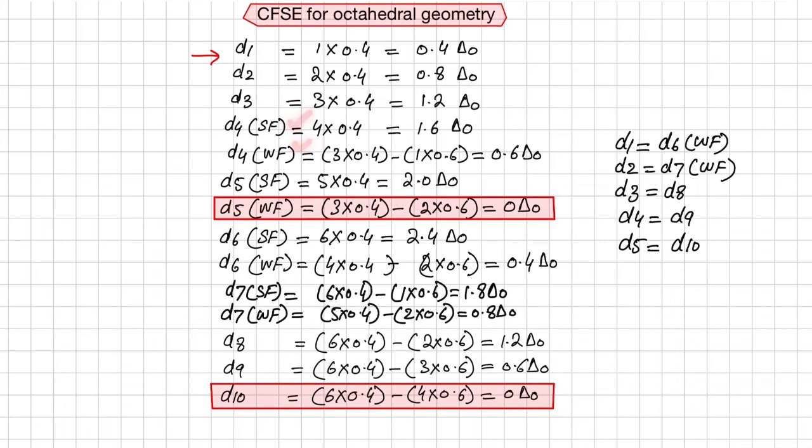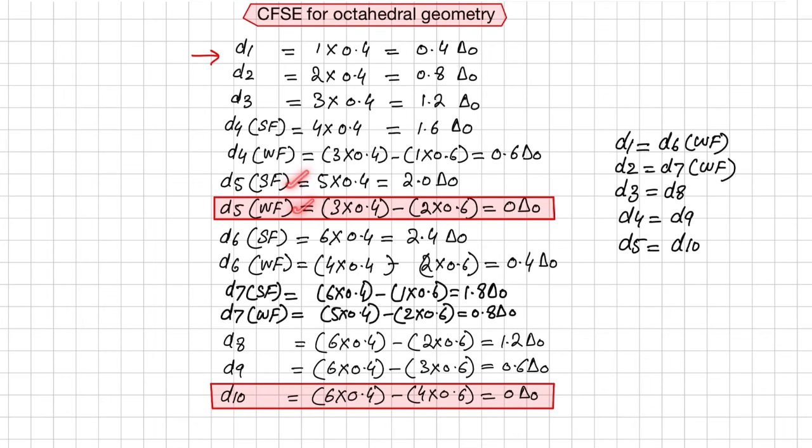Now the D4 system, such as chromium, molybdenum and tungsten, has two cases: strong field ligands and weak field ligands. For strong field ligands the value is 1.6, whereas for weak field ligands the value is 0.6. It means D4 with strong field ligands will make more stable complexes than D4 with weak field ligands. D4 strong field will also make complexes more stable than D2 and D1.